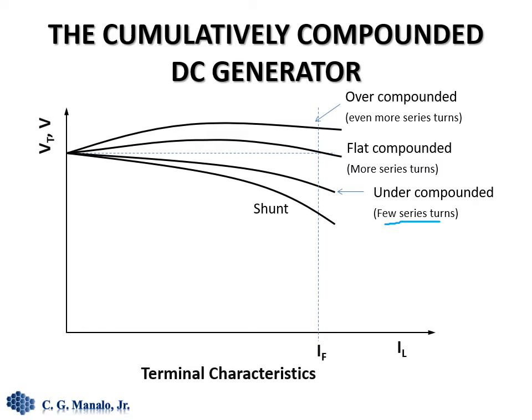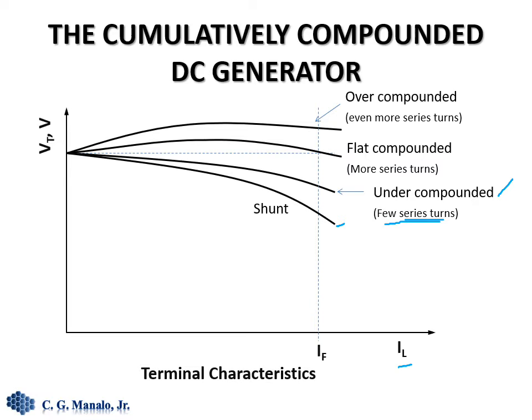For a series field that only contains a few turns, we have what is called the undercompounded terminal characteristics. This is about similar to the terminal characteristics of a self-excited DC shunt generator. So as the load current increases, the terminal voltage decreases.